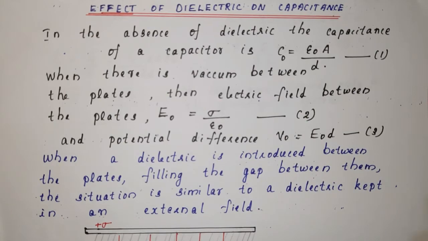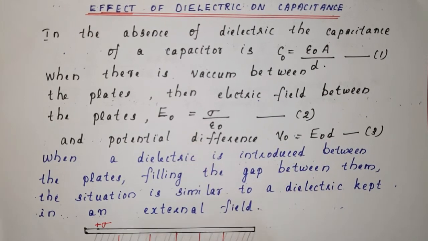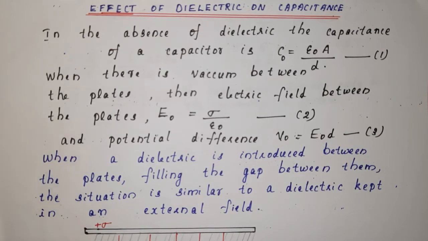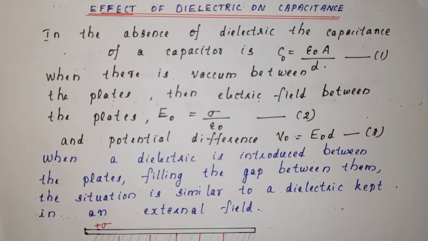Then the electric field between the plates, all this we have already discussed. The electric field between the plates is sigma by epsilon 0, where sigma is the surface charge density of each plate. One is having plus sigma and the other is having minus sigma.